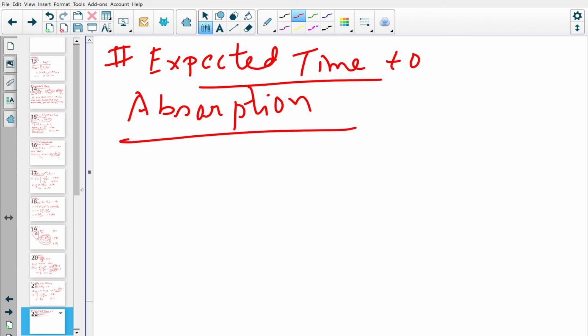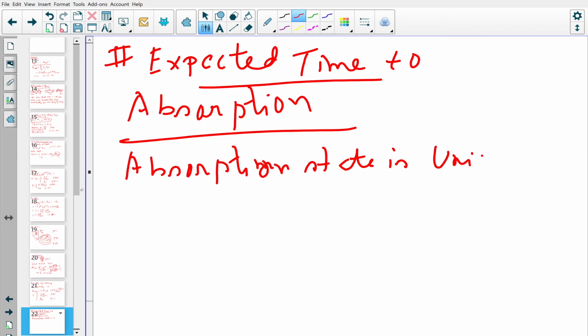So I don't care with which state. When I'm saying absorption, I mean that state can be anything, any recurrent state. So absorption means the absorption state is kind of a union of all recurrent classes here.